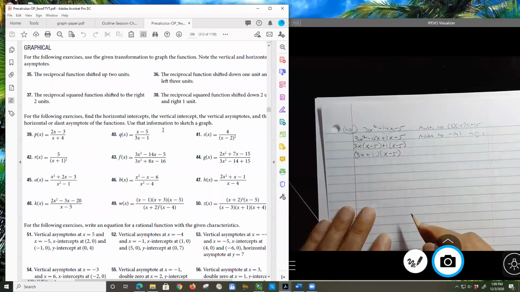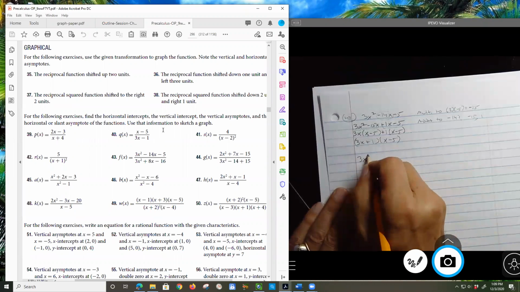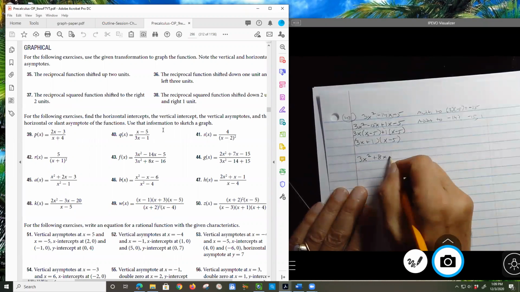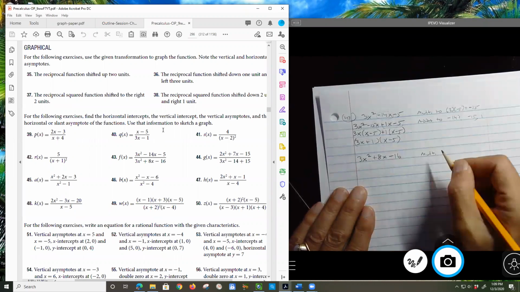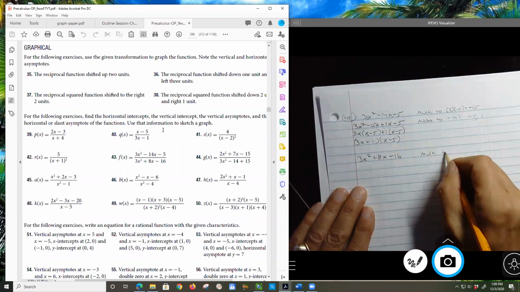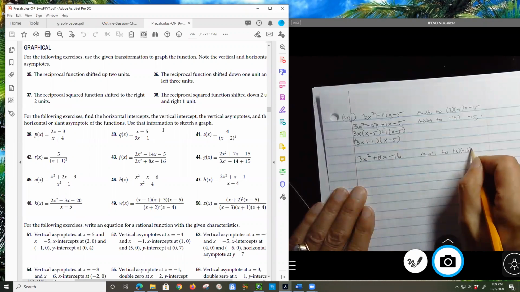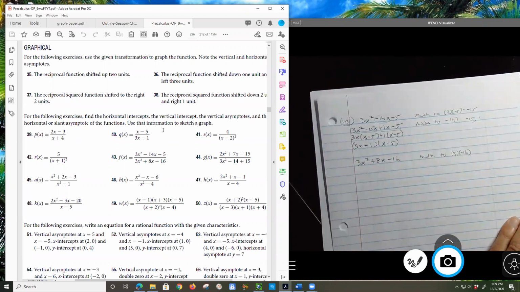Let's do the other one, which is 3x squared plus 8x minus 16. What multiplies to 3 times negative 16? I believe that's negative 48, but I'm going to double check myself.